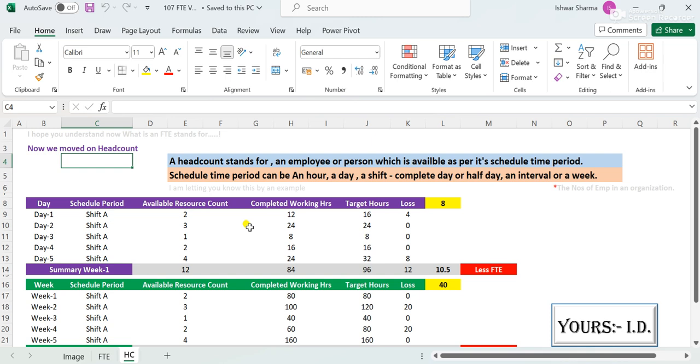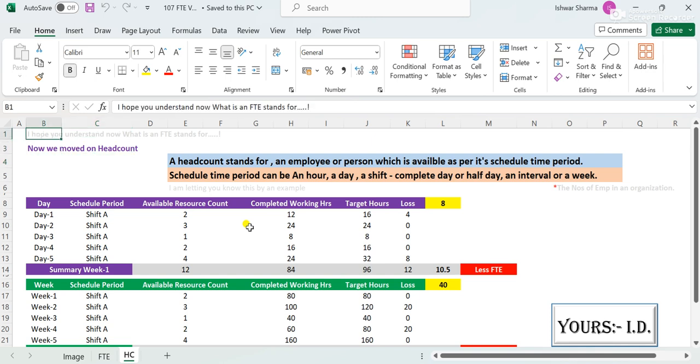An interval can be 30 minutes, 1 hour, or 2 hours. So it can be any time. But the employee or person who is available as per their required shift and scheduled time is called headcount. So I think you will understand what I'm trying to tell you about headcount and FTE.